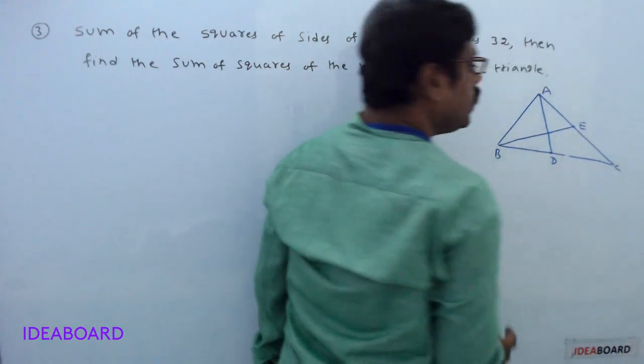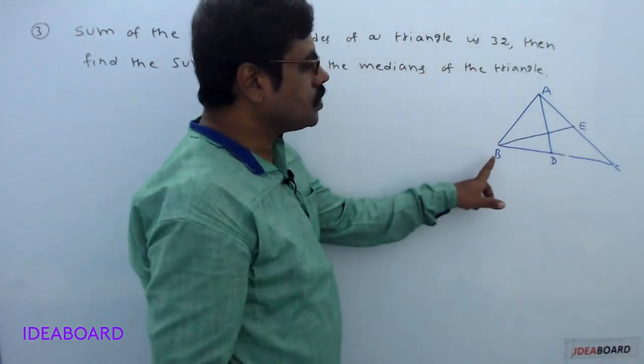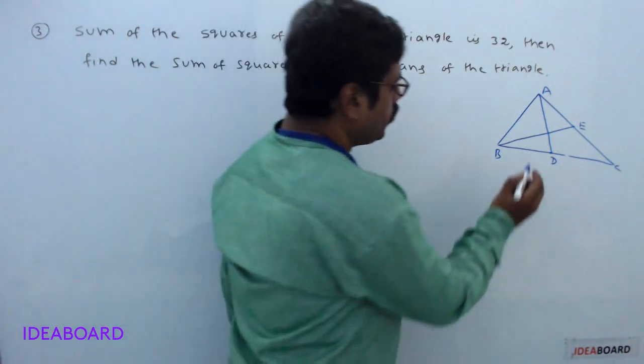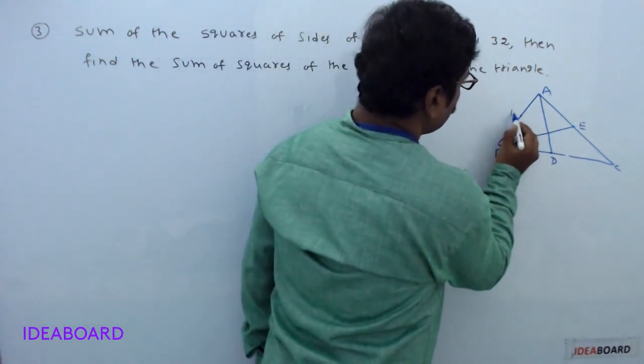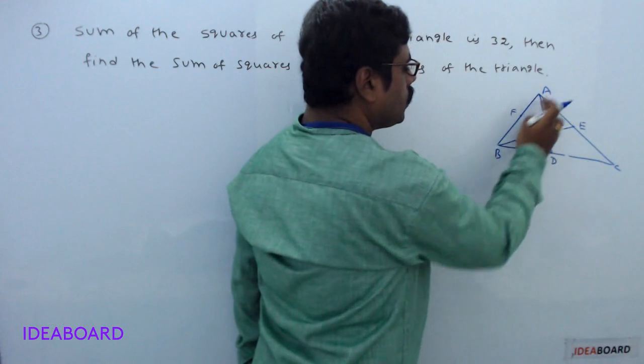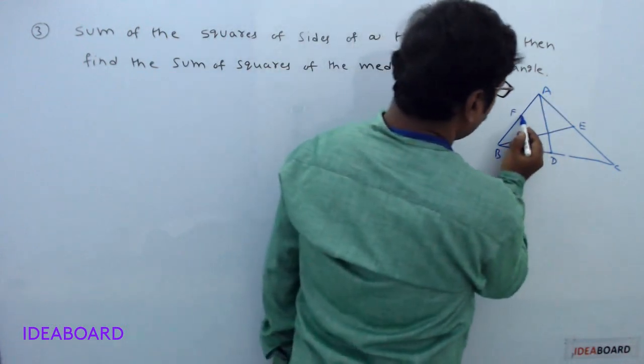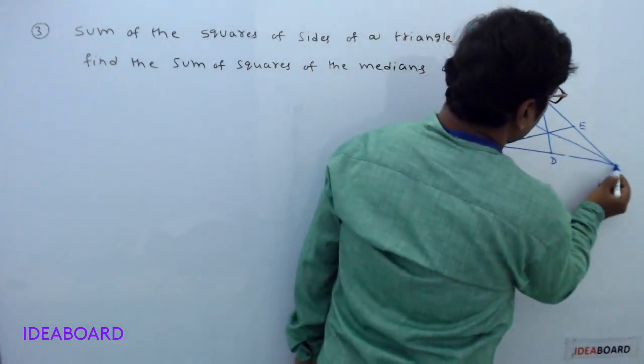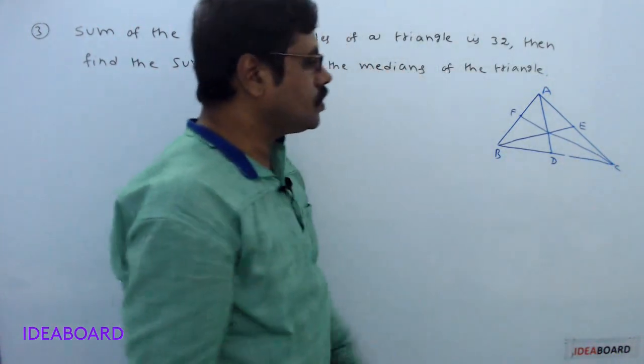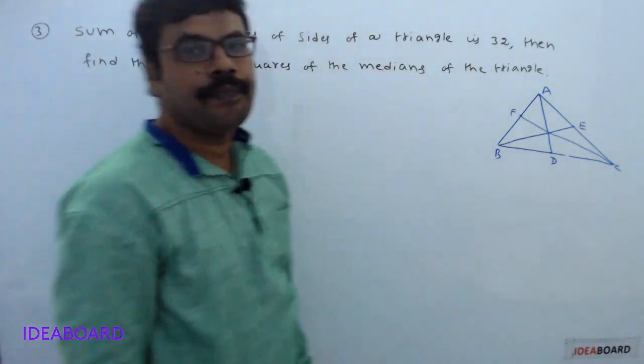Then BE is the median passing through the vertex B. Suppose F is the midpoint of the side AB, then this CF is the median passing through the vertex C.